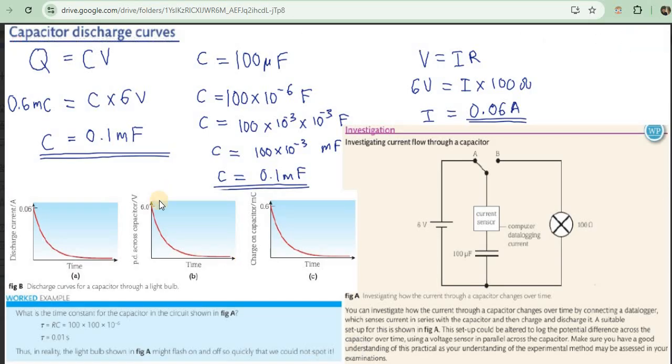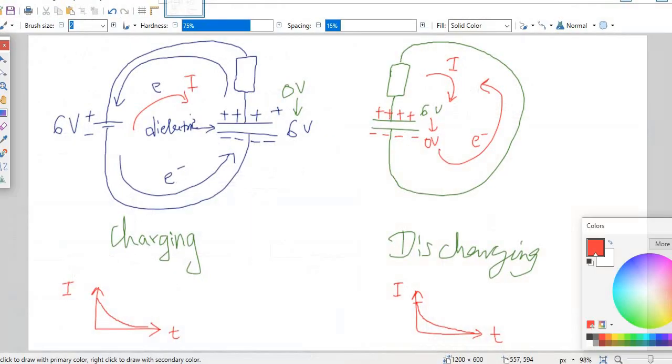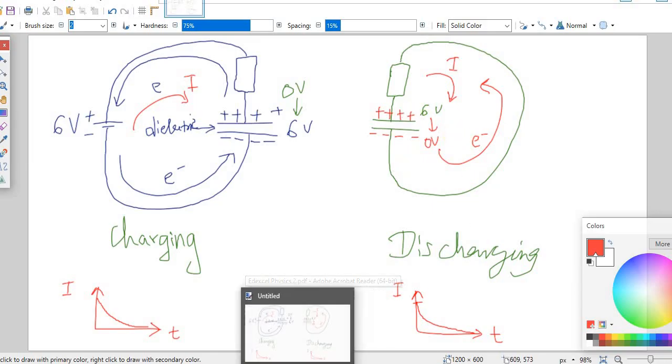Now why is the gradient of this curve decreasing with time? Because again, remember, there is less charge to cause attraction and repulsion. So from this side there is less repulsion, from this side there is less attraction, because the more charges that flow to that side, the more will be the neutralization of those charges, and less charges to cause attraction.